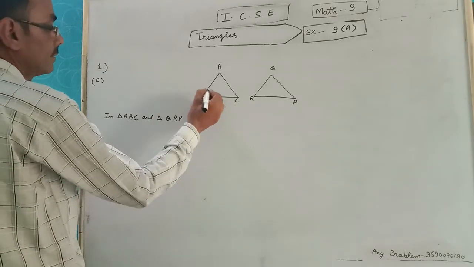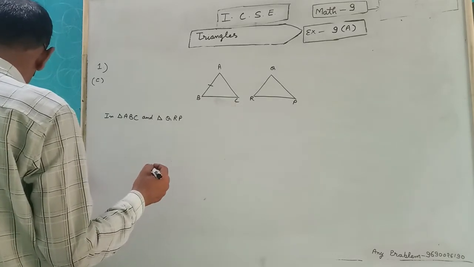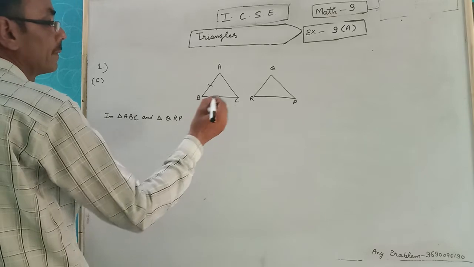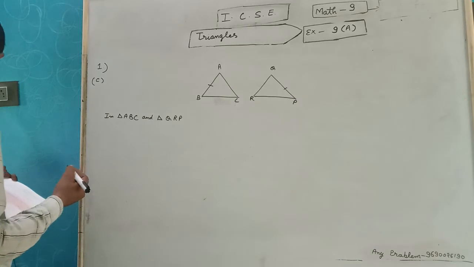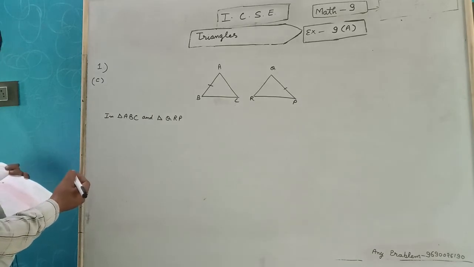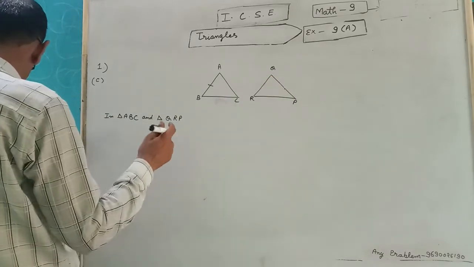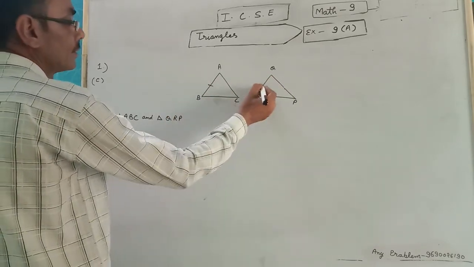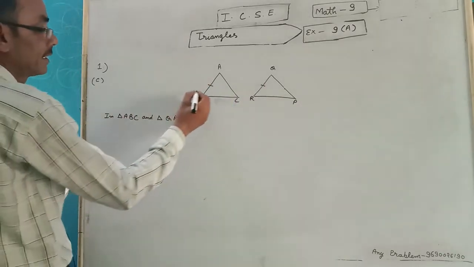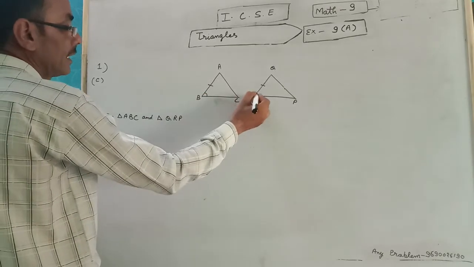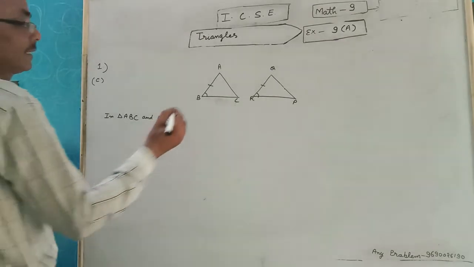AB equal PQ. AB is equal to QR. QR is first equal, and angle B is equal to angle R. C is equal to P.